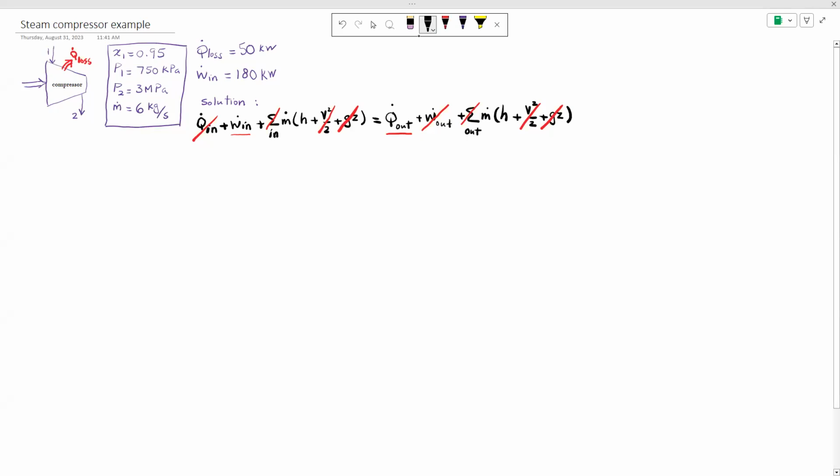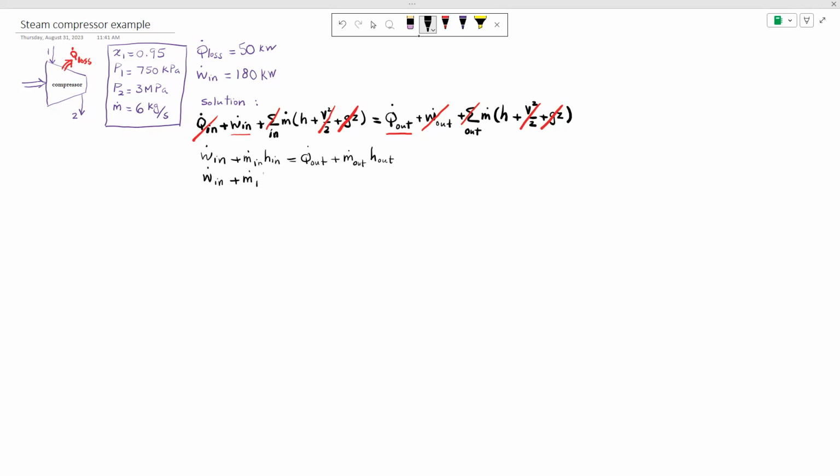Now we can write the simplified form, which is just W dot in plus M dot in H at inlet equals Q dot out plus M dot out H out. Now, instead of in and out, I'm going to use 1 and 2 just for simplicity.